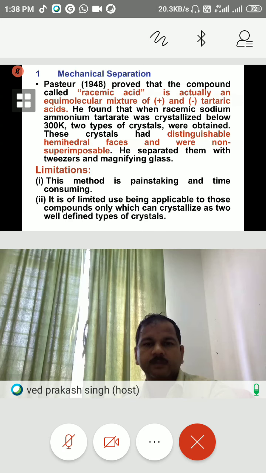Here one example is given about visors and magnifying glasses. That's why it is called mechanical separation. There is no reaction; only due to their different size and different orientation of the groups, it can be separated.